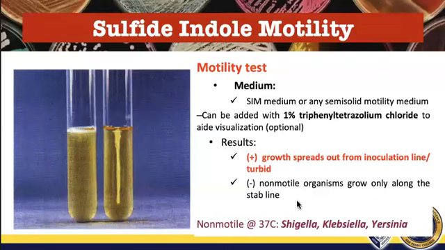Most Enterobacteriaceae are motile, with the exception of Shigella, Klebsiella, and Yersinia. They may be motile at lower temperatures, but at incubation temperatures they lose their motility, so they are considered non-motile in laboratory assays.